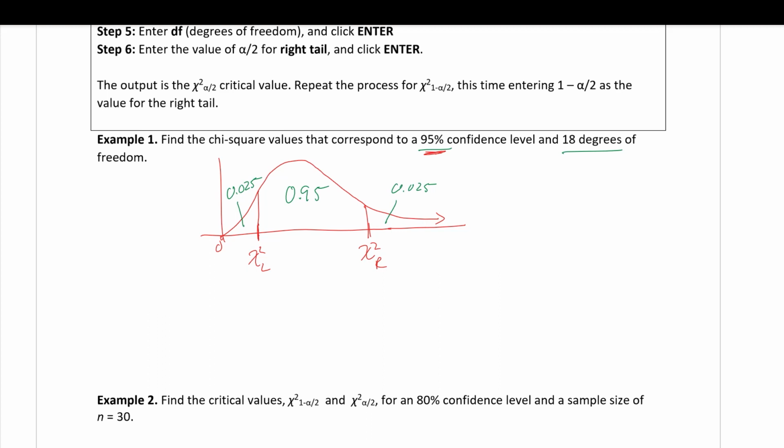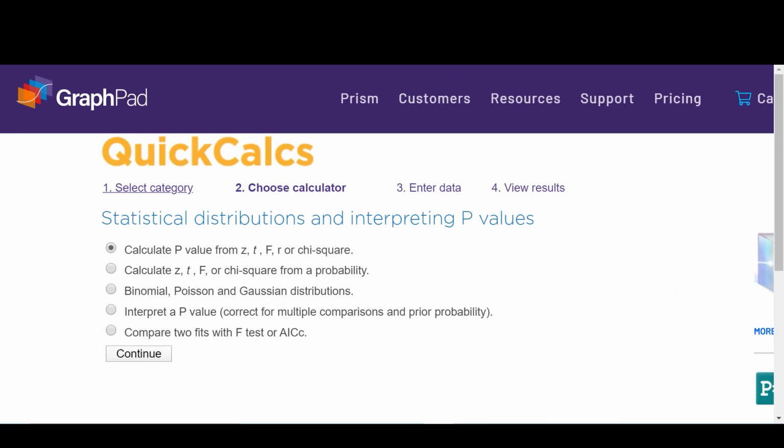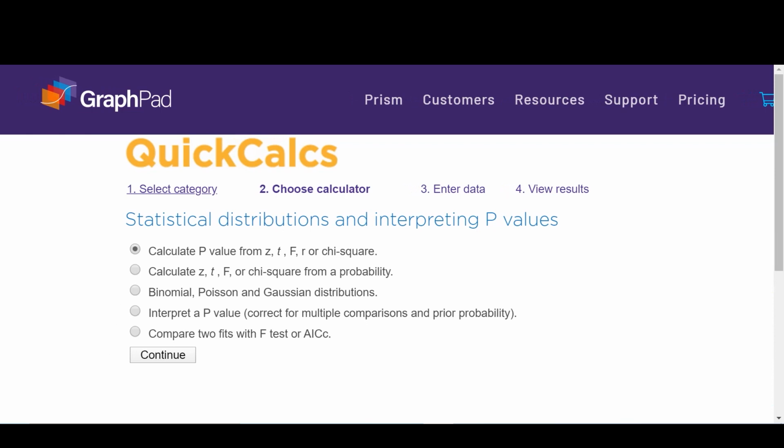Let's go ahead and calculate this using the web page I found. So I found this web page called GraphPad. I'll link it down in the description. And it has all sorts of different calculators. For this particular problem, we're going to be in the menu for statistical distributions and interpreting p-values. And we're going to go ahead and choose calculate z, t, f or chi-squared.